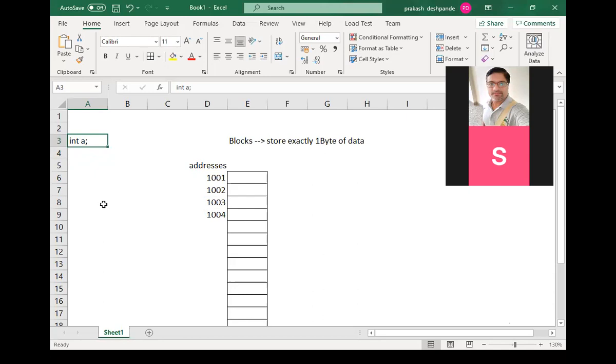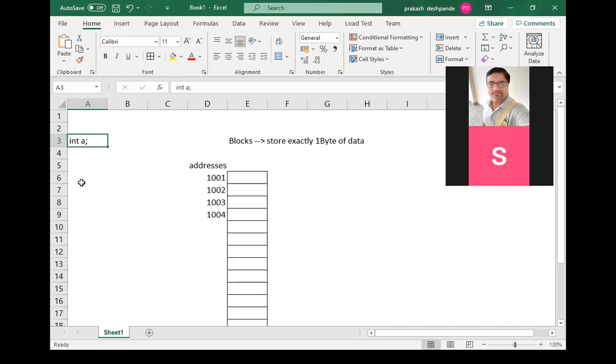Now let us understand, when we write a declaration statement like this, what exactly happens in the computer memory. Pay attention here. The compiler says, okay, the programmer has declared a variable, used an identifier a as the name, and this a is of integer data type.